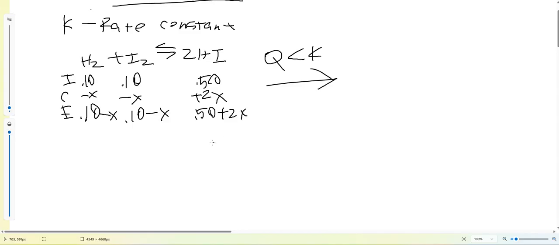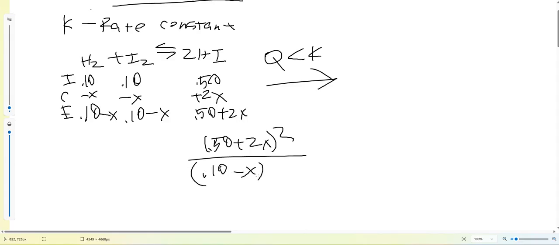So now we can solve for x. So 0.50 plus 2x squared over 0.10 minus x squared is equal to 50, as our equilibrium constant is.